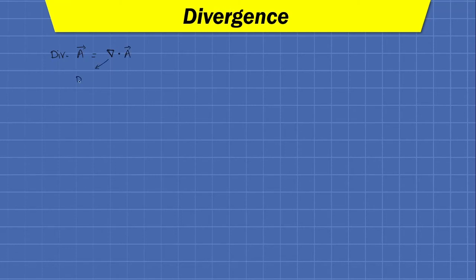This thing is called the del operator, and as per the Greek alphabet it is pronounced as nabla. Okay, so nabla dot a bar is considered as the divergence of this vector a bar, defined as limit delta v tends to 0 of closed surface integration of a bar divided by delta v.